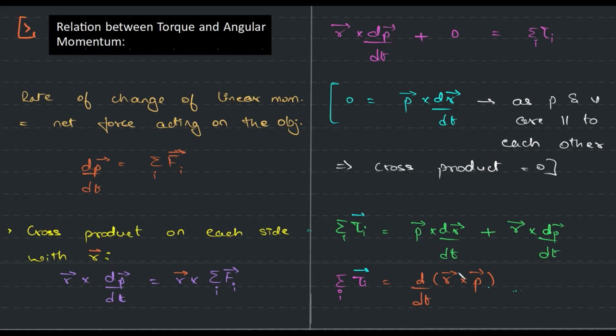And here I ended up taking r inside the bracket, d by dt of r cross p, through a simple mathematical tool known as the additive identity. If you guys don't know about zero's additive property, I can add 0 to anything and mathematically things are not changing.